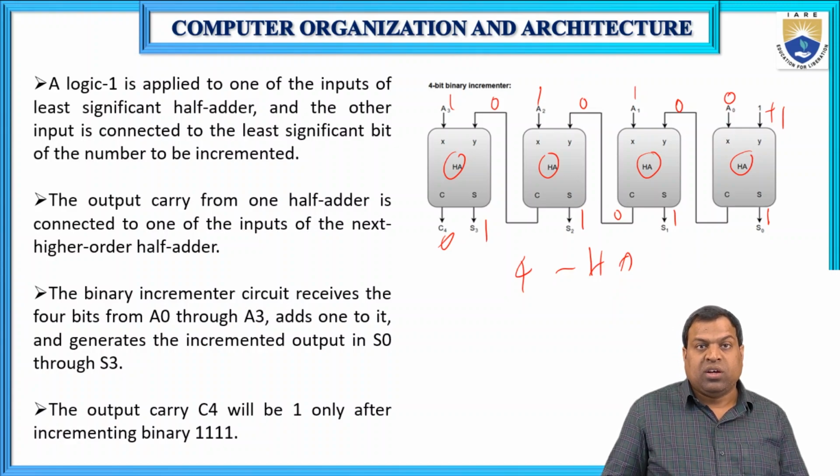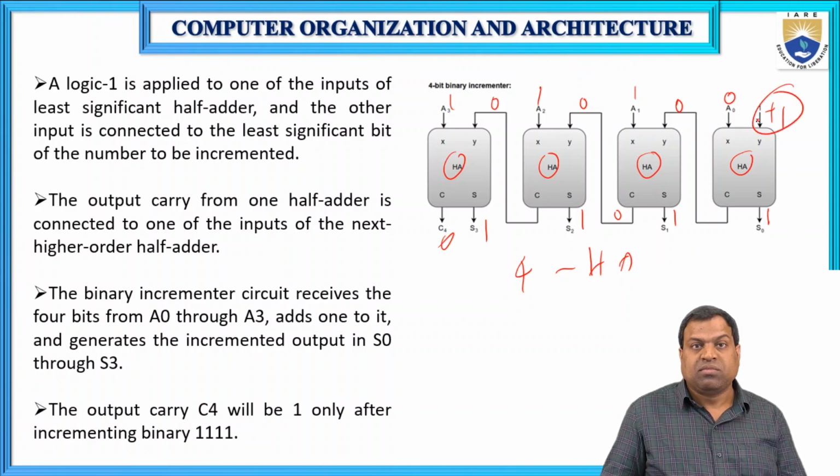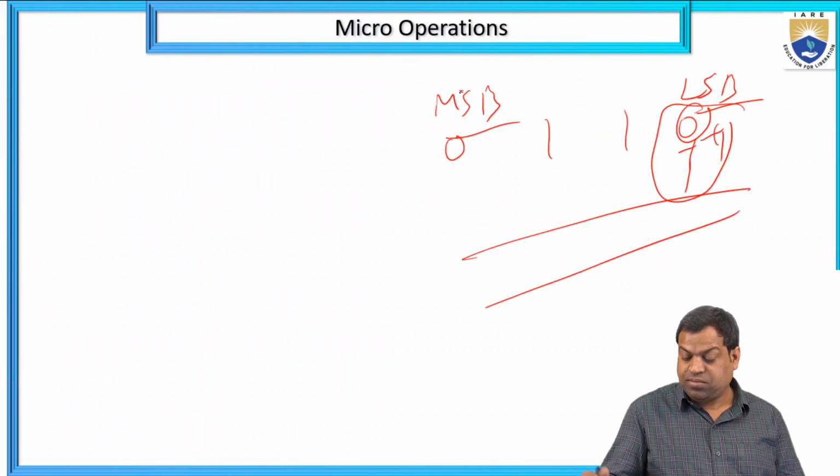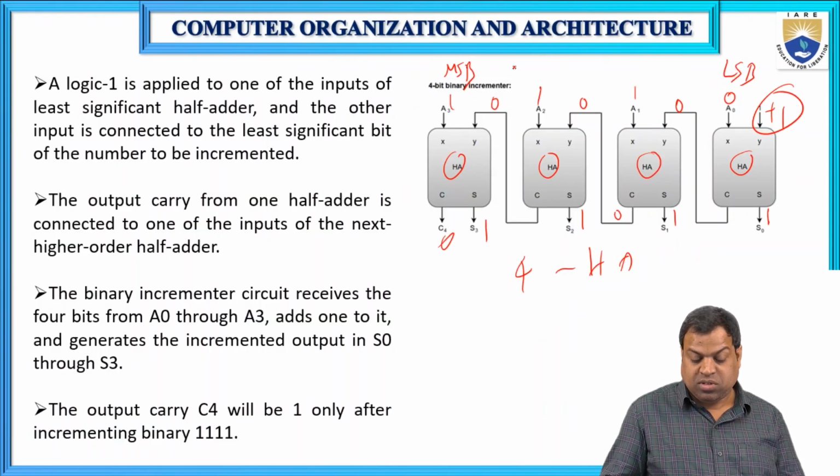A logical 1 is applied to one of the inputs of the least significant bit of the half adder, and the other input is connected to the least significant bit of the number to the incrementer. The first bit is the LSB, and the last bit is the MSB.